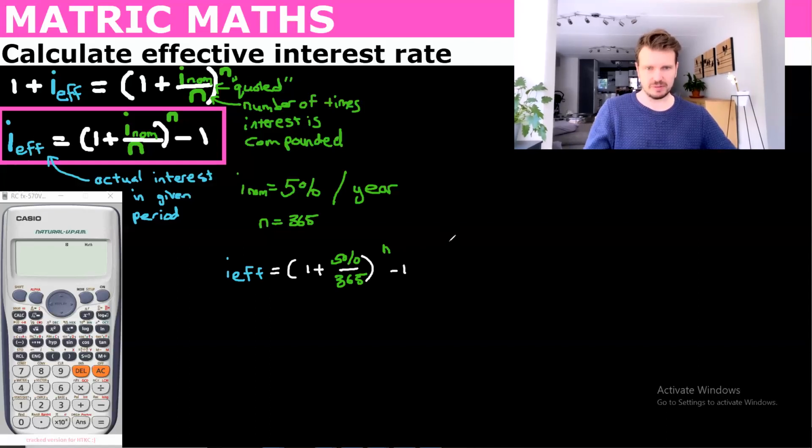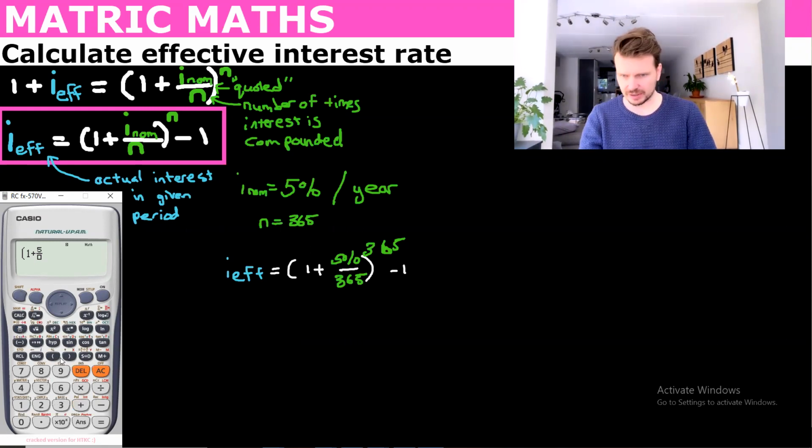And we can simply put that straight into the calculator. It doesn't really matter what, this question is not about how much you put in the bank. It's just about what interest you are getting. So there's no P or anything like that.